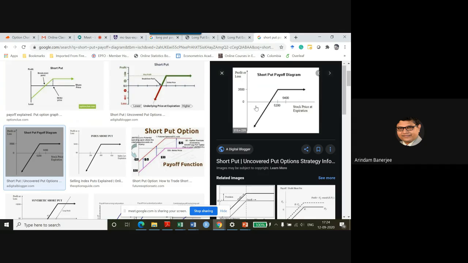So we can see here that short put is actually a bullish strategy. So a put seller makes profit when the stock price increases.